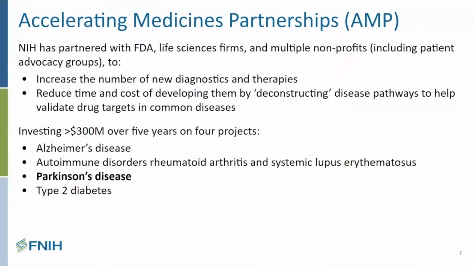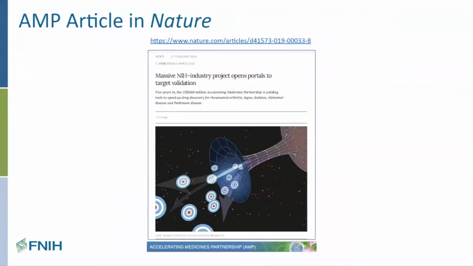There's an AMP for Alzheimer's disease, an AMP for autoimmune disorders like rheumatoid arthritis and systemic lupus erythematosus, an AMP on Parkinson's disease, which is the one we'll be talking about today, and an AMP for type 2 diabetes. This is a picture of an article that came out last March, which goes into more detail on the AMPs for those of you who are interested.